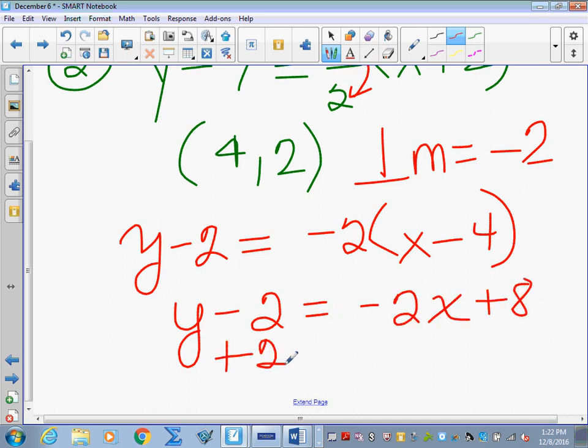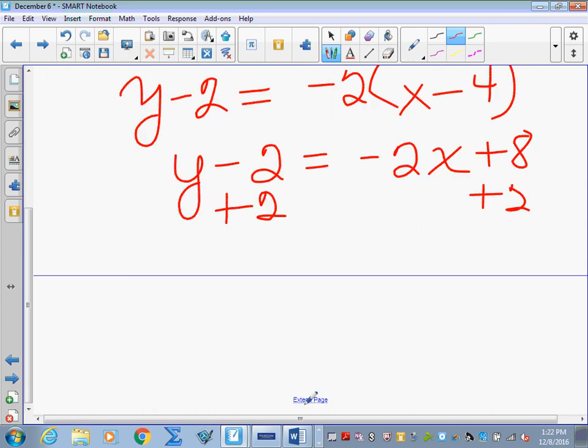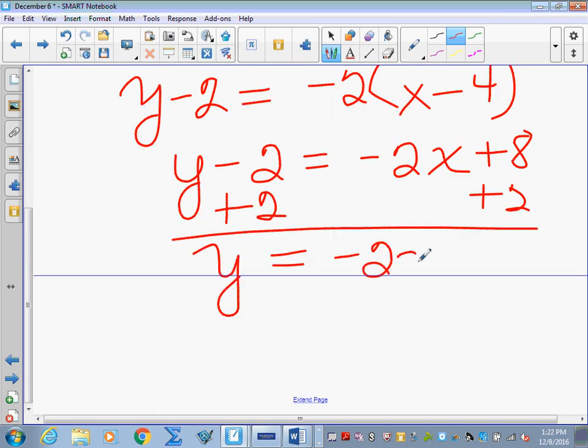Add 2, and we have y equals -2x plus 10. Any questions on that? Okay, alrighty guys. The next thing we're going to do is take a look at your quiz review to see if you have any questions before we get started.